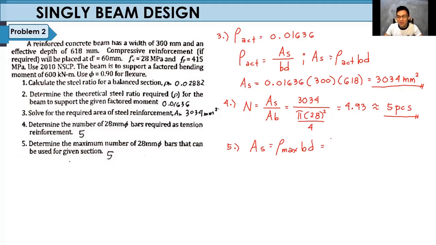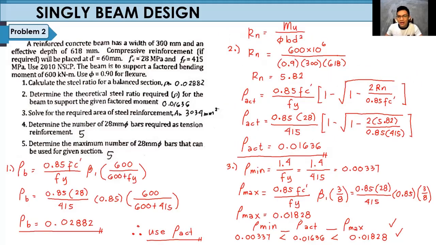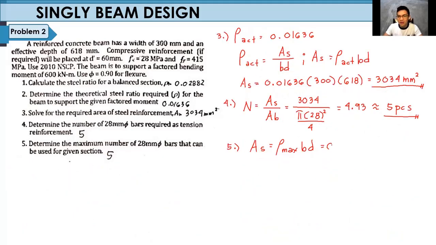So, maximum na limit. So, rho max natin kanina, lipat natin is 0.01828. Di ba? So, therefore, area ng steel natin is equivalent to, substitute lang yan. B is 300. Depth natin is 600. Okay? Ayan. So, using our calculator, the answer is 3,389.112.